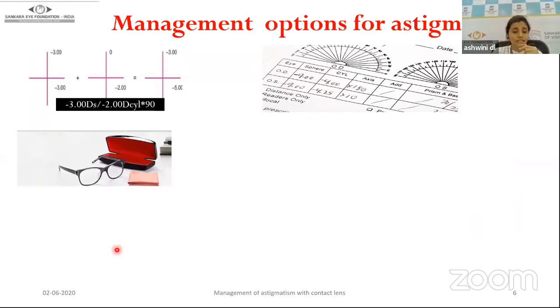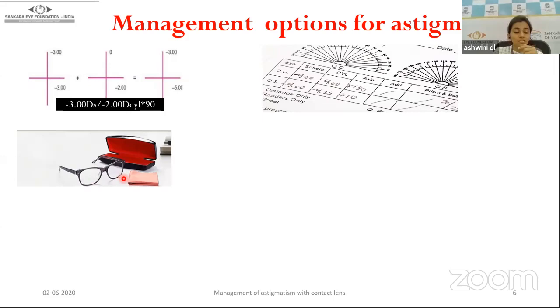Again, there are optical management options available, and also surgical options. In optical corrections, we can give the correction with the help of spectacles. In a spectacle, if a person has a spherocylindrical prescription, we can prescribe toric lenses. In case a person has only a cylindrical power, where one meridian is plano and only one meridian has power, we can prescribe cylindrical lenses.